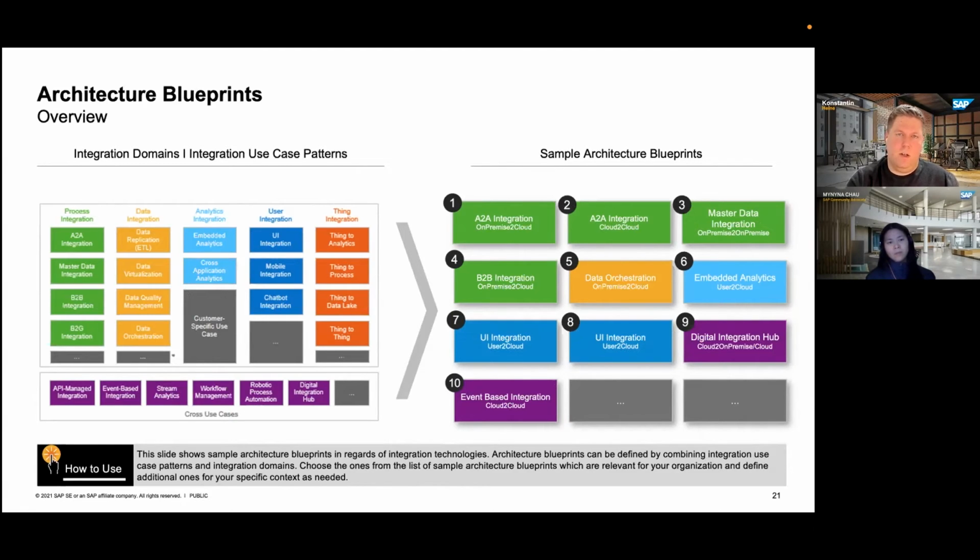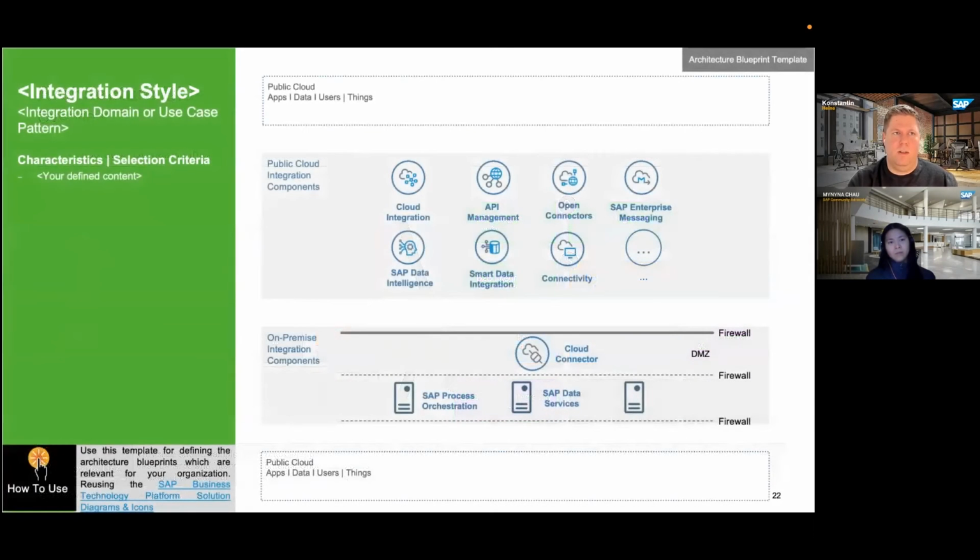So what does such a blueprint look like? It's more or less a slide that summarizes all the different integration touch points and the integration blueprint in a graphical representation. The integration style is usually listed on the left. Then on the right, and this is again the template slide, you have the ability to select certain BTP stencils.